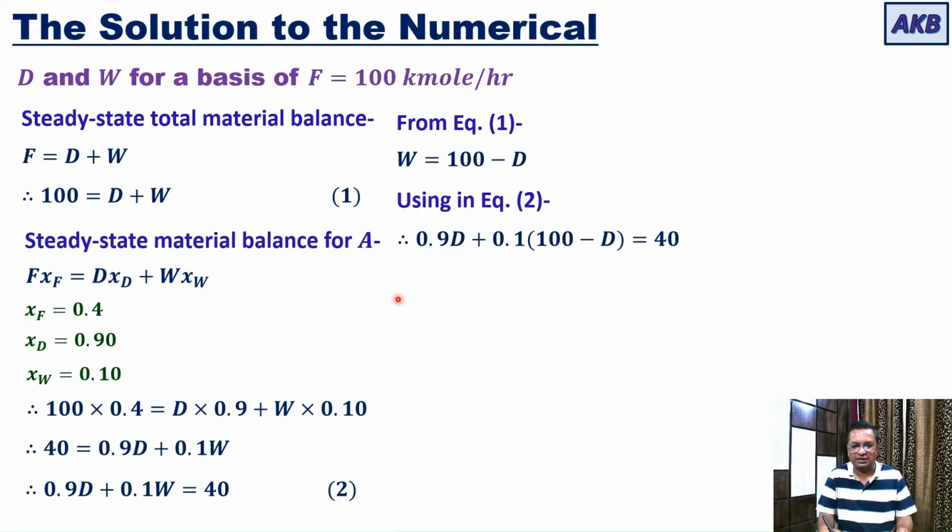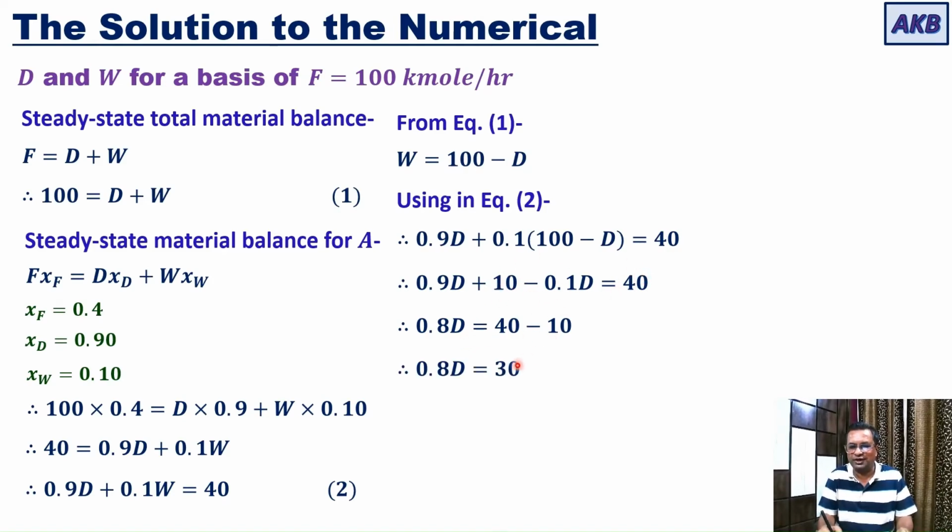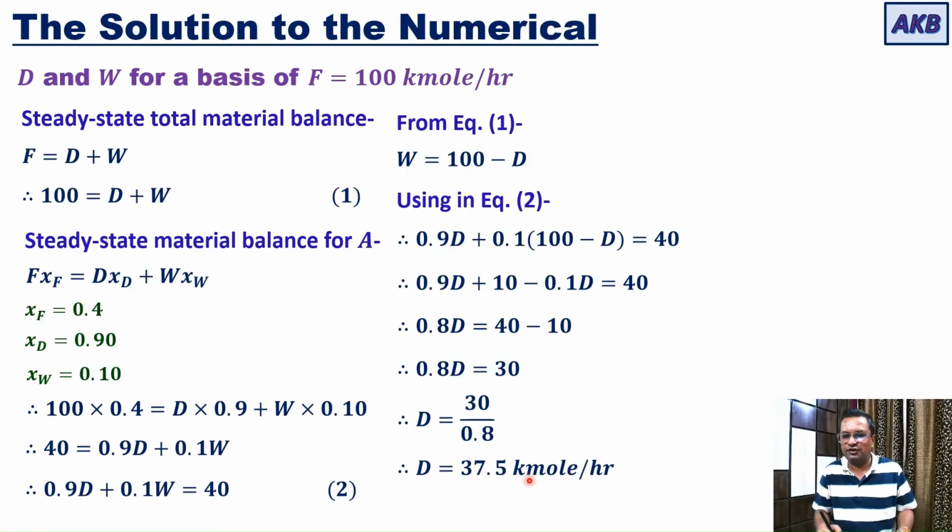So this will be 0.9 into D plus 0.1 into W, and in place of W, I am using 100 minus D, that is equal to 40. Therefore, 0.9 D plus 0.1 into 100 is 10 minus 0.1 D, that is equal to 40. 0.9 D minus 0.1 D is 0.8 D, and this 10 after going to the other side will be 40 minus 10, that is 0.8 D is equal to 30, that is D is equal to 30 by 0.8, that is D comes out to be 37.5 kilomole per hour.